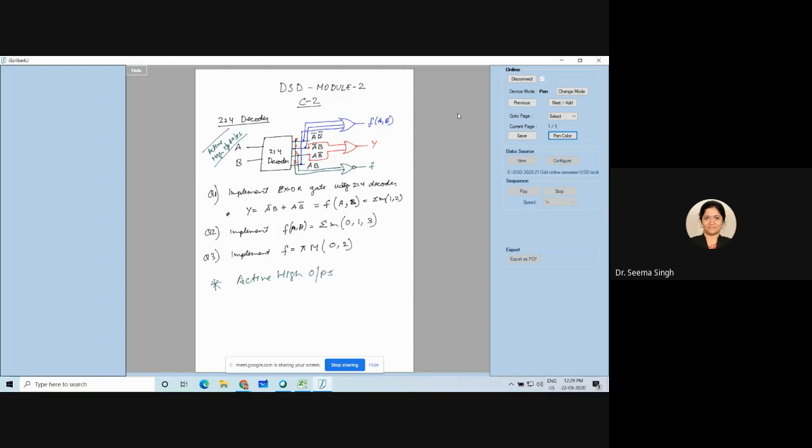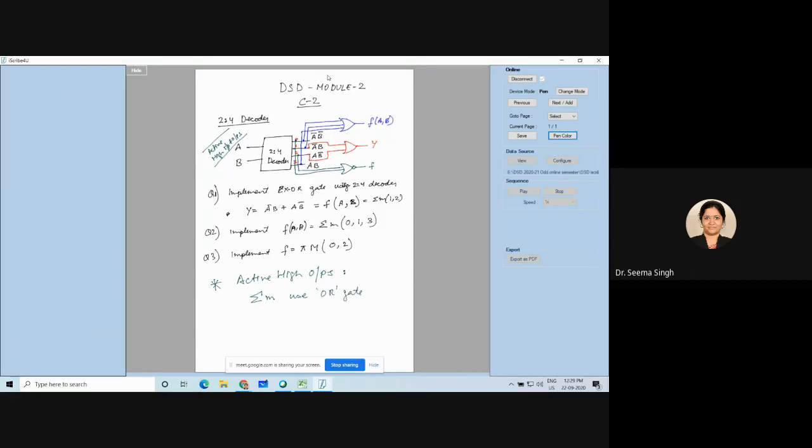For a decoder, see, your input does not matter. Let it be active high or active low, it does not matter. But whenever we are implementing a function, your output needs to be checked. That is why I am writing active high output. If it is there, then a minterm form or sum of product should use an OR gate.